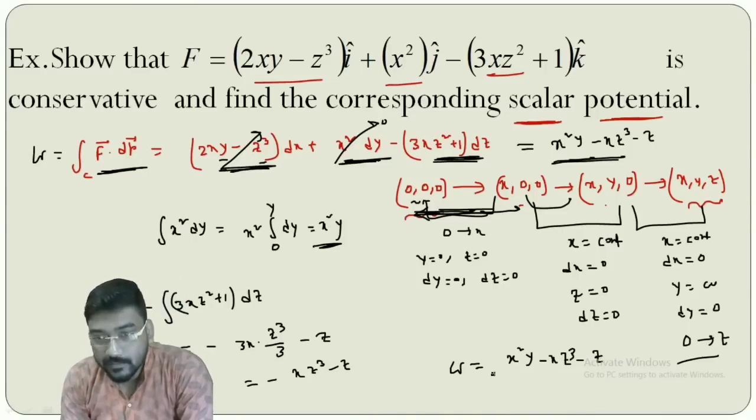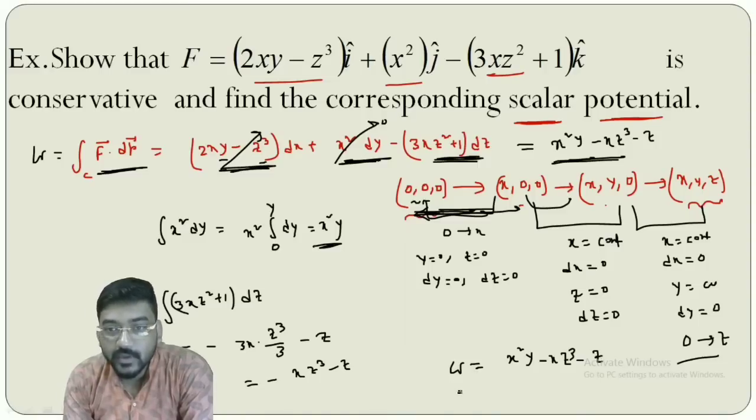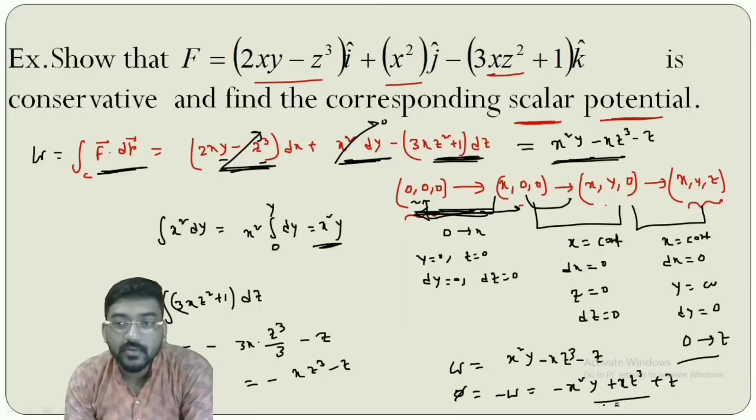And whenever you are asked to find phi, the scalar potential, then phi will be minus W, and that will be minus x square y plus x z cube plus z. So this will be phi. In this way you can find out W.